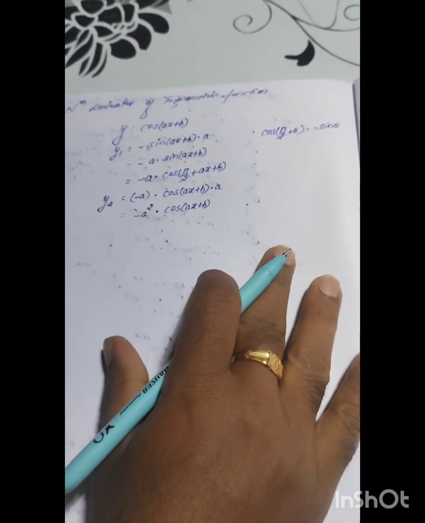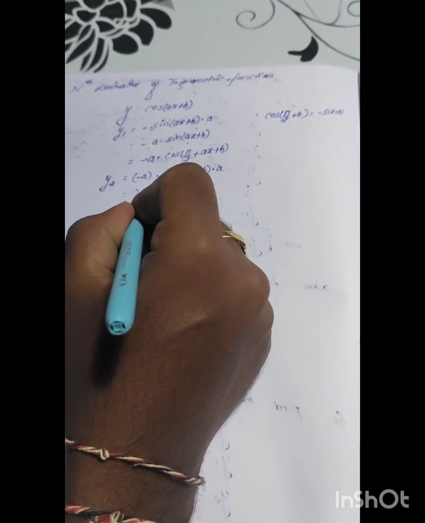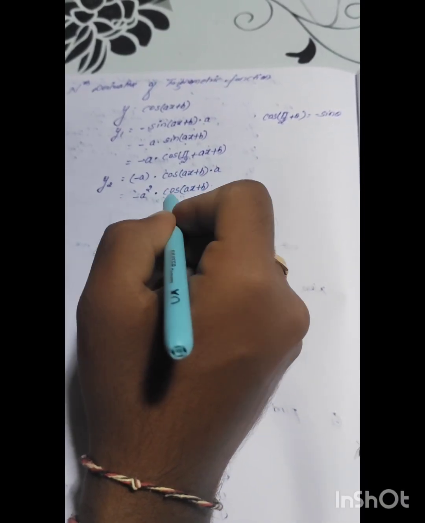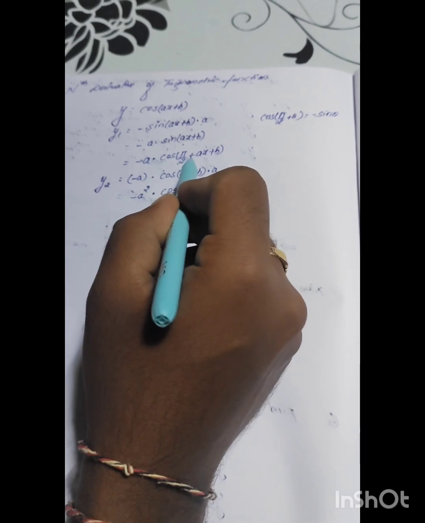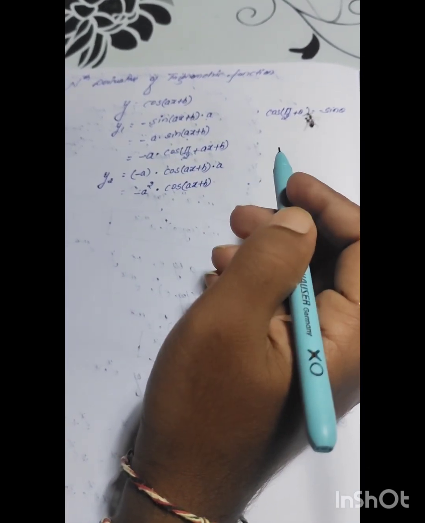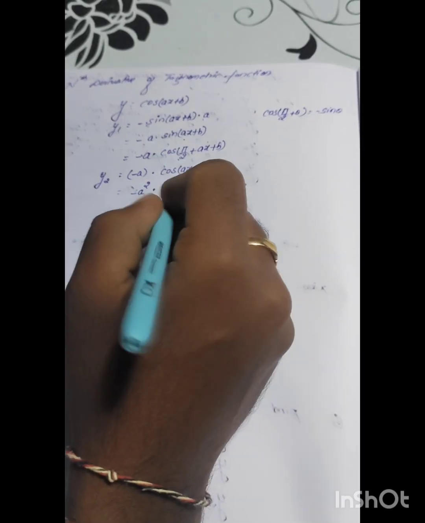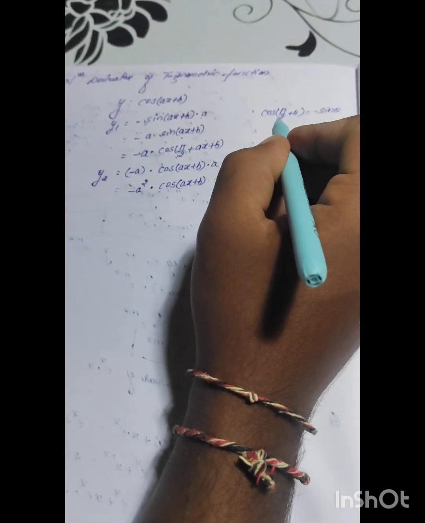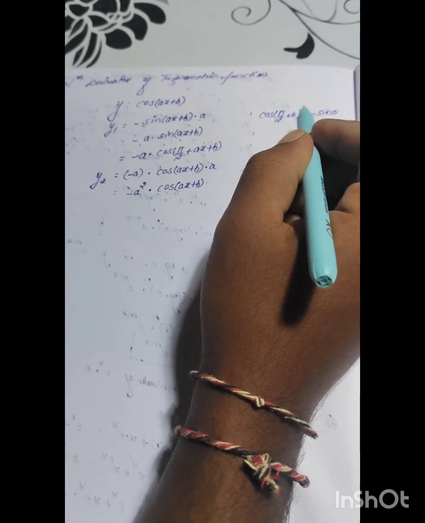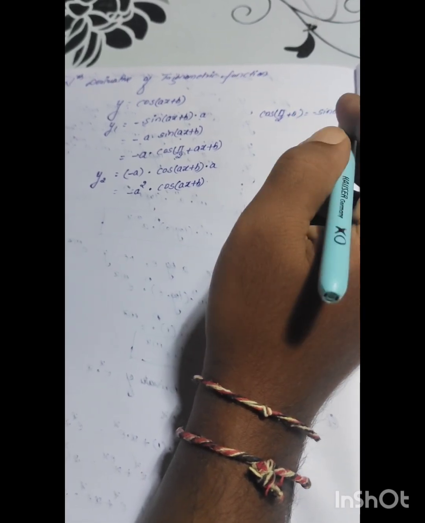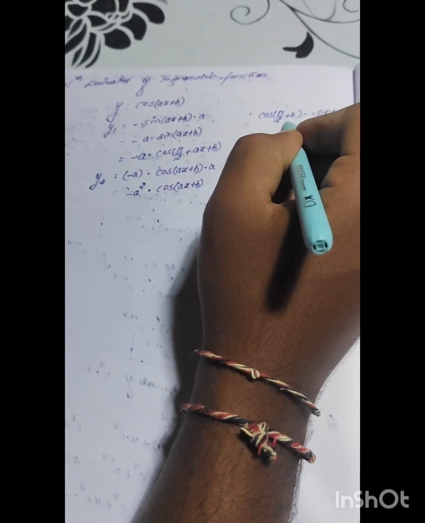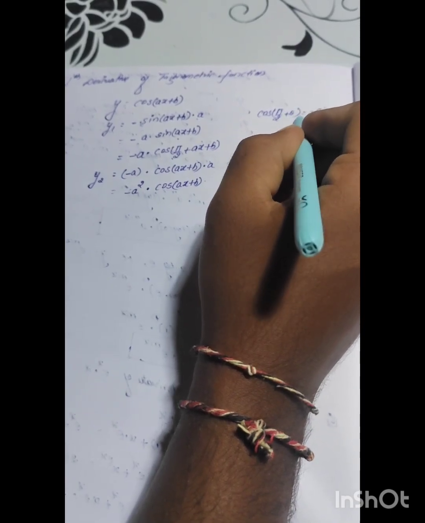Here what we can do is, minus a square into cos of ax plus b. Let's try to write this also in terms of pi by 2 plus something, so that we will be able to relate when we go and find the nth derivative, right? We know that for complementary angles, cos of pi by 2 plus theta or pi by 2 minus theta, cos will change to sine and sine will change to cos. That is when we have n plus 1 into pi by 2 plus theta.